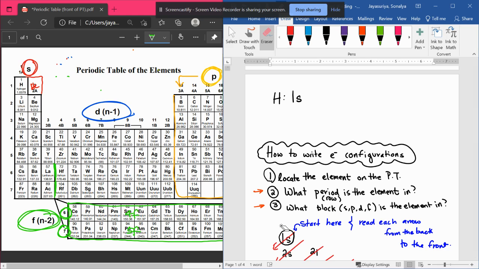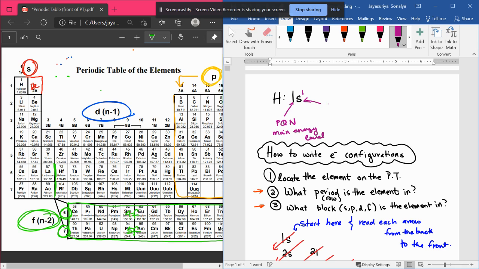Okay? Now, how many electrons does hydrogen have? It has one electron. That electron we just put in the first energy level's s-type sublevel, or the first floor's s-type apartment. We put the person in there, or the electron in there. Okay, so this is the principal quantum number, or the main energy level.